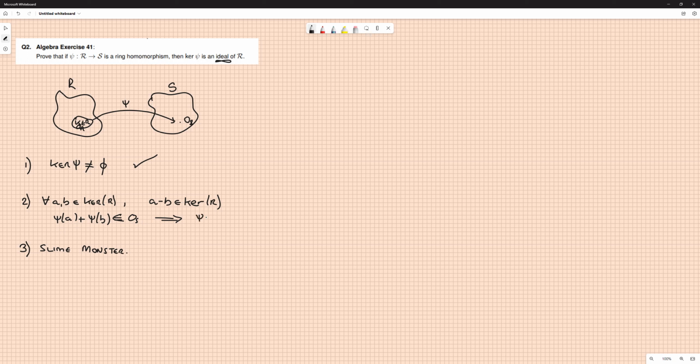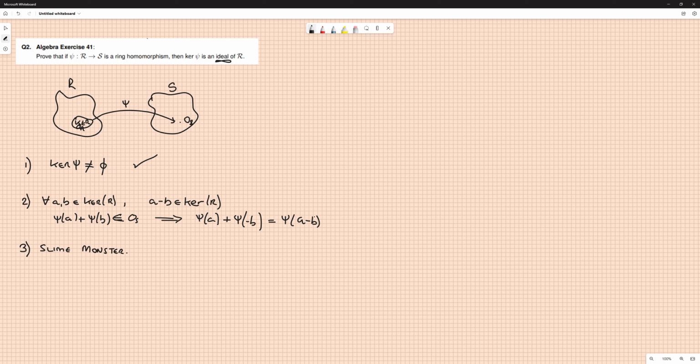So we can say phi of A plus phi of minus B also equals phi of A minus B, as a ring homomorphism respects the properties of a ring, both additive and multiplicative.